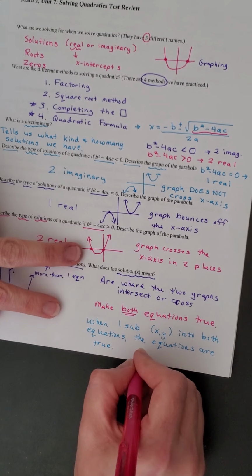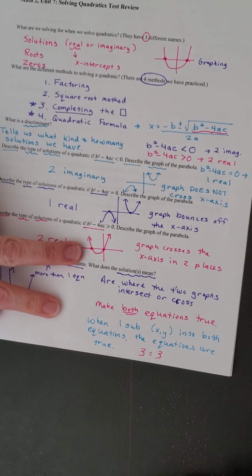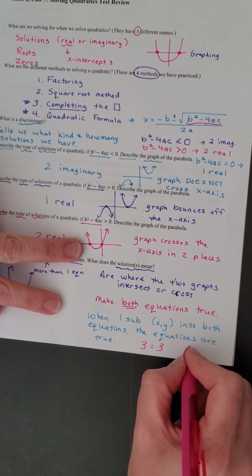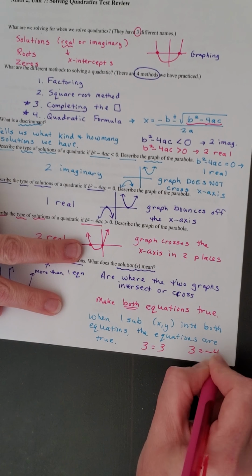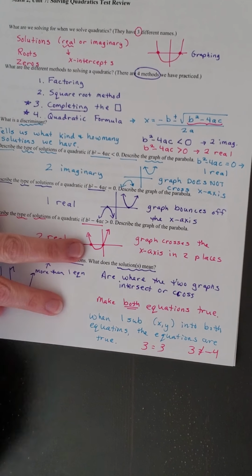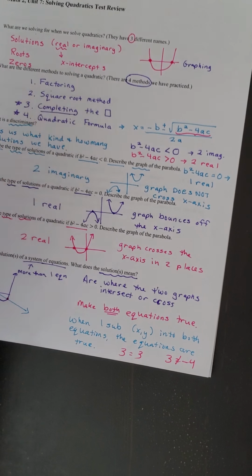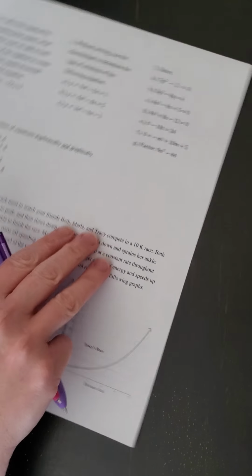So you'll get something like 3 equals 3. But if you were to sub in a value and you got something like 3 equals -4, no, it does not. So that would have not worked, that point that you plugged in. Okay.